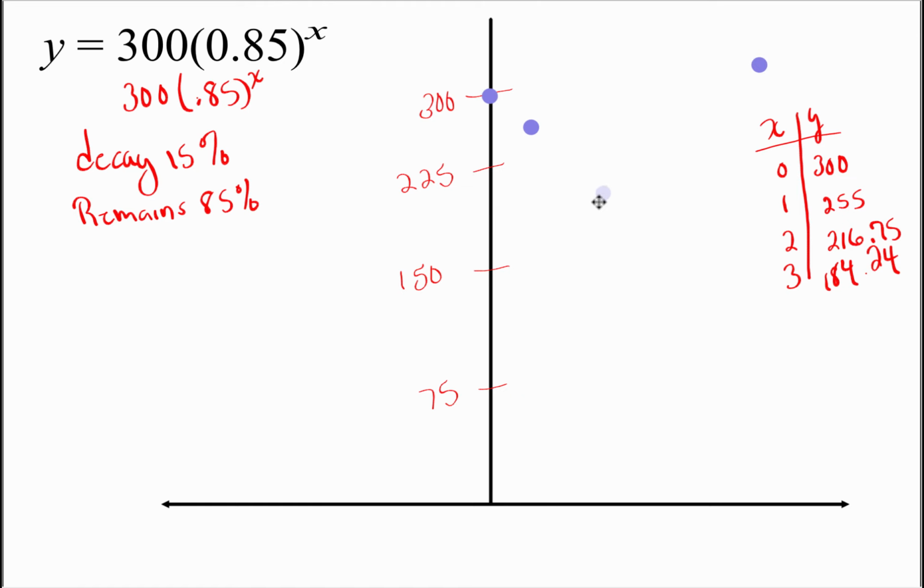I'm going to have to eyeball it. When I'm at 3, I'm at 184. This is my x, this is my y, and you can see again that this is going to be a decay of some sort because I'm only keeping 85% of what I start with every single time.